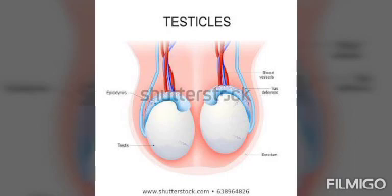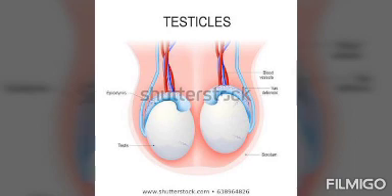Can you follow me? The stratified epithelium of the seminiferous tubule is made up of two types of cells, Sertoli cells and spermatogonic cells.